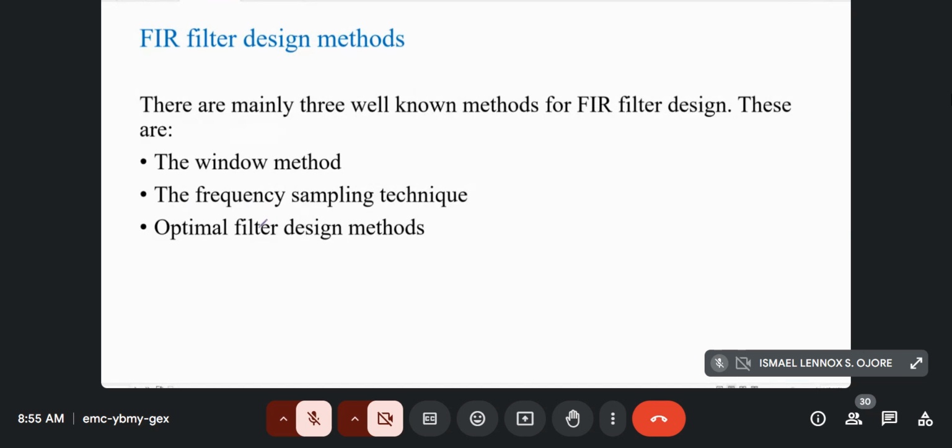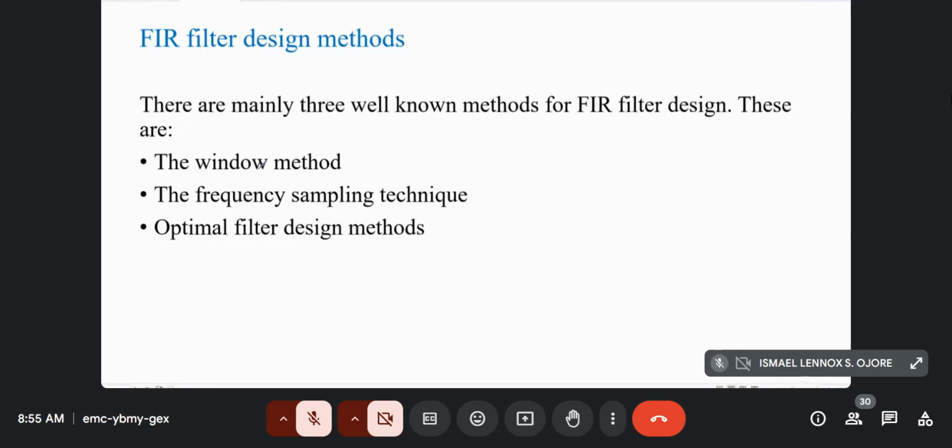You need to have studied other things to do them. So we'll keep it simple and keep to the window method. We are going to see the window method.